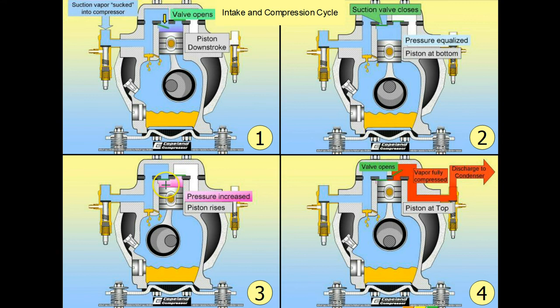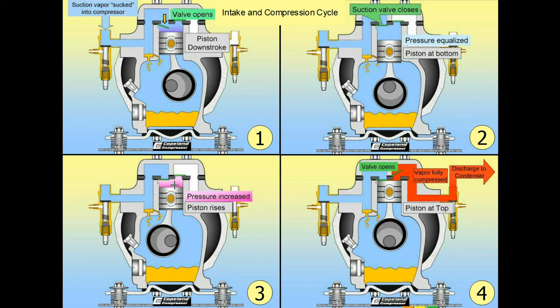But when you start to compress this gas, those molecules have less area to bounce, and they start to bounce faster, and they bounce off of each other, and the pressure increases, and so does the temperature. So now we take this heat-laden gas that's somewhat cool and we compress it. It still has the same amount of heat, but it raises the sensible heat and it raises the pressure up.